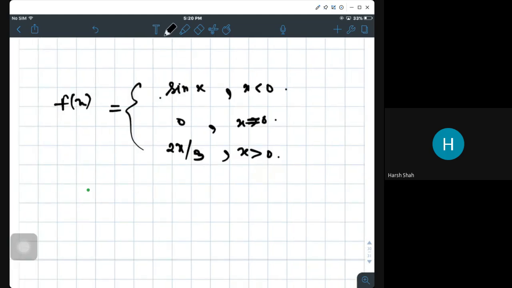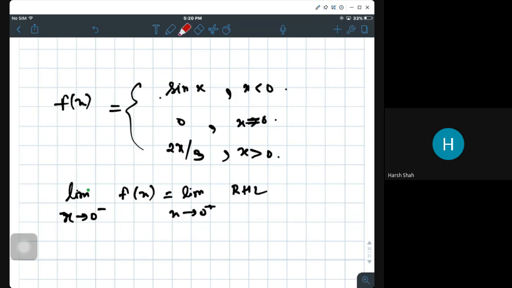If I told you to find whether the function is continuous at x equal to 0, what will you do? Limit x tends to 0 minus, LHL. You have limit x tends to 0 plus, RHL, right? And you have f of 0, right?